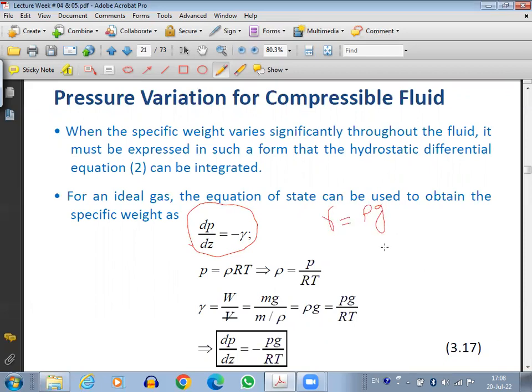Gamma is rho g. But for the ideal gas equation of state, P equals rho RT, so rho equals P upon RT. If I substitute the value of rho here, it becomes PG upon RT.